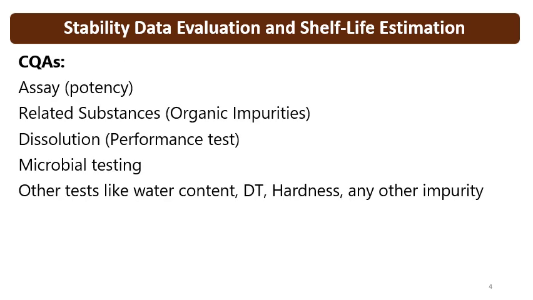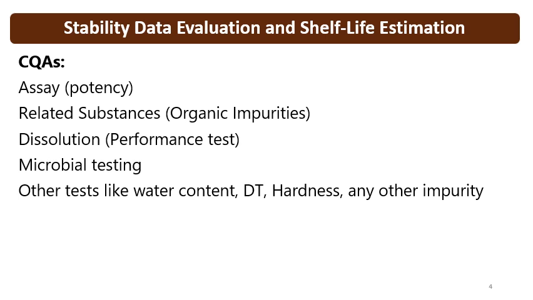Now we will see the CQAs which are going to be evaluated in the stability studies. Consider an oral solid formulation, maybe a tablet, capsule or soft gelatin capsule. The CQAs are assay, that is potency, related substances or organic impurities, dissolution, because dissolution is a performance test for tablet and capsule formulations, and microbial testing.